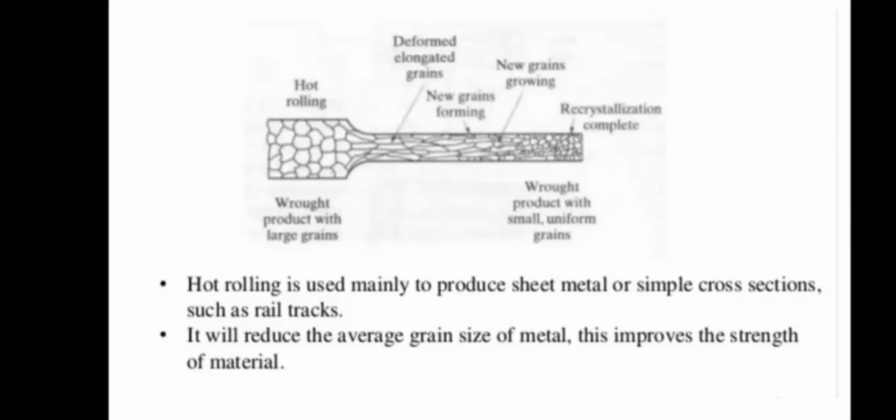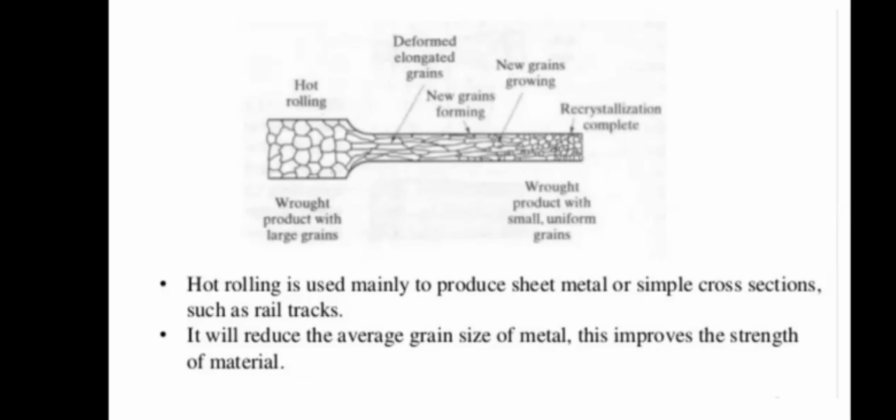Here, hot rolling is used mainly to produce sheet metal or simple cross sections such as rail tracks. It will reduce the average grain size of a metal. This improves the strength of the material. So here you see in hot rolling, at the entry, the grain size will be large.